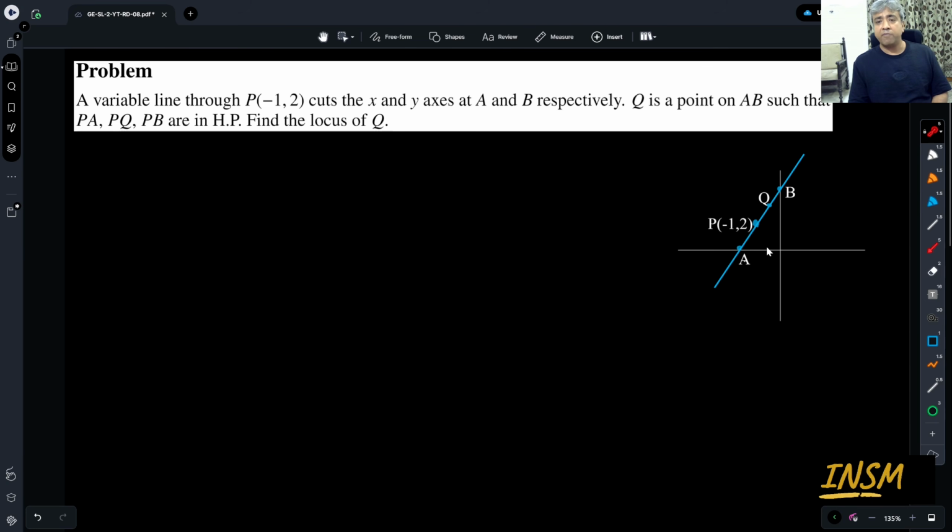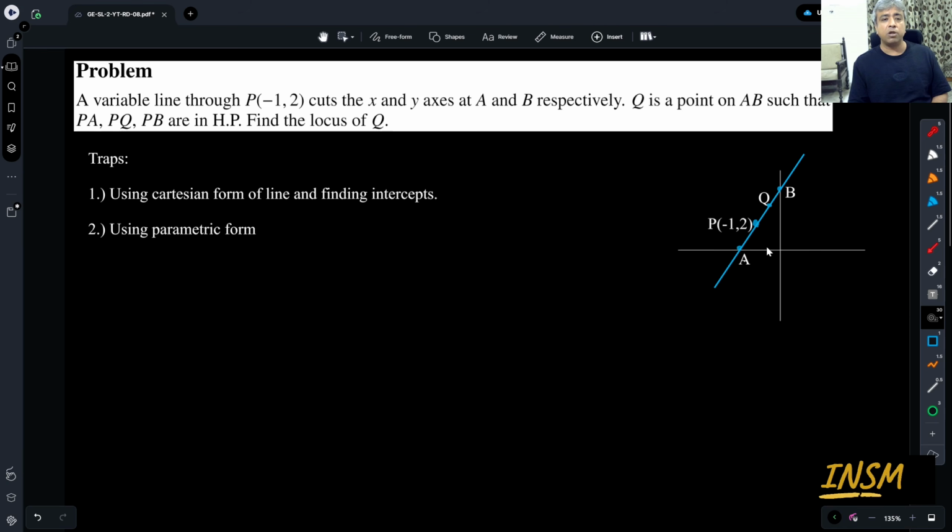After this, I would say that you should try out this problem on your own first before looking at the solution further. If you try it on your own, you will yourself understand which traps one can fall into. The standard trap, as I told you, is using Cartesian form.